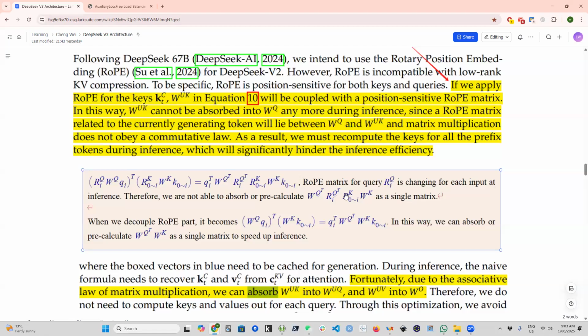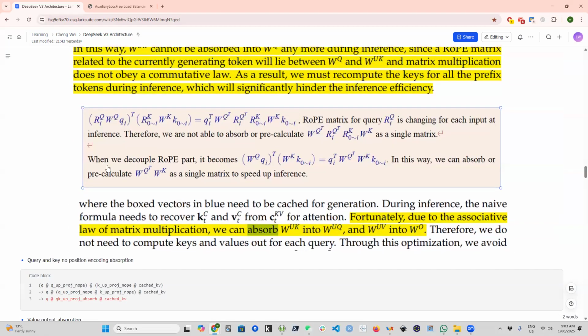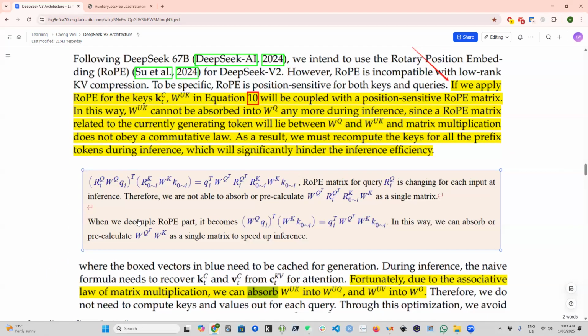But if we involve the rope part, we won't be able to do this. So the DeepSeek approach is to decouple the rope part. The rope part becomes independent, so the long rope part becomes simpler and no longer involves the rotation matrix.